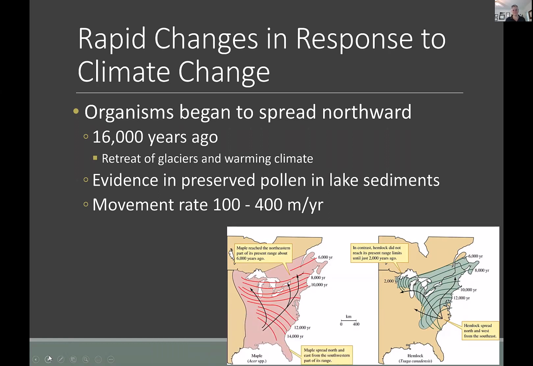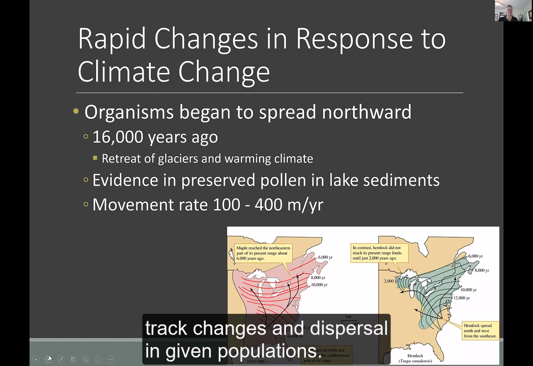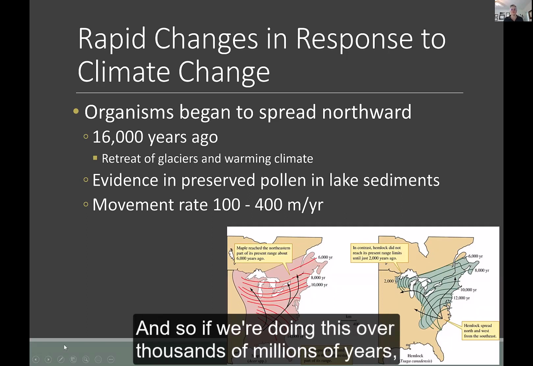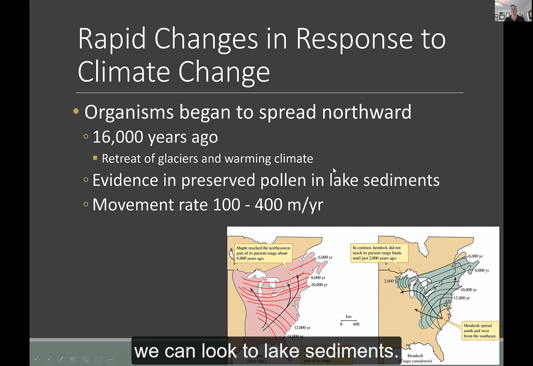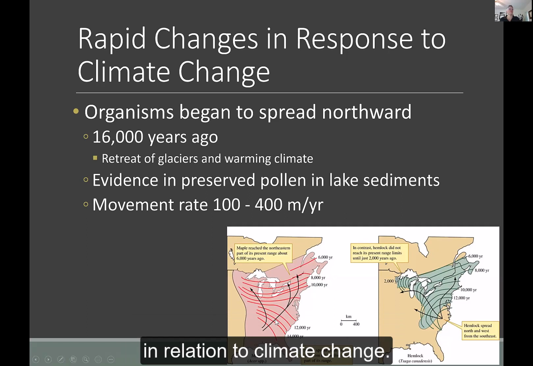So again, we're talking about how we track changes in dispersal in given populations. If we're doing this over thousands or millions of years, we can look to lake sediments, right? We can look at how populations have moved over time in relation to climate change.